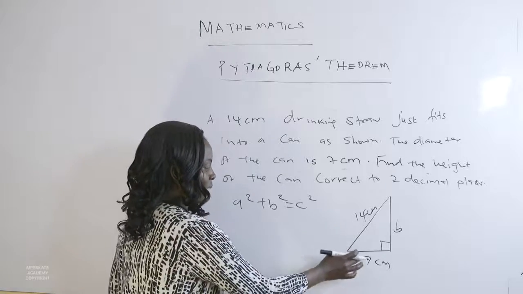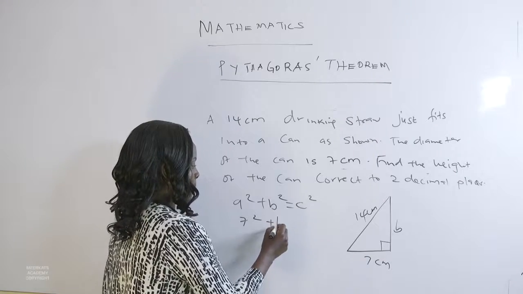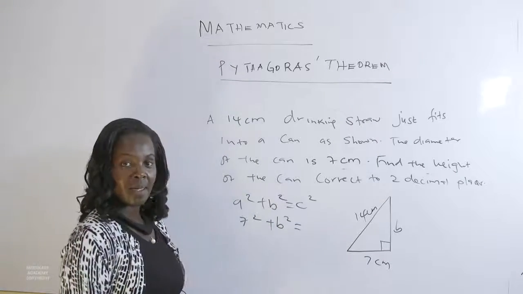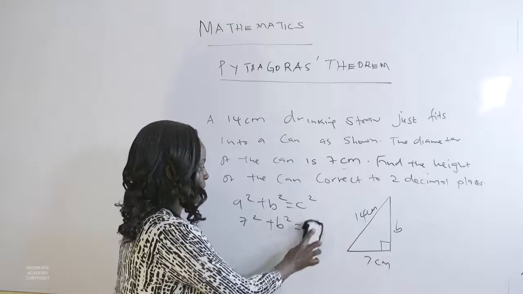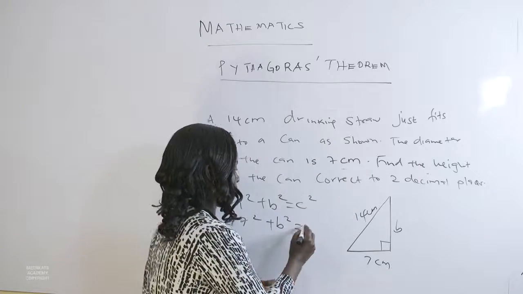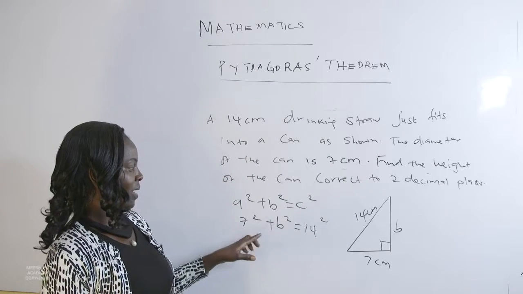So our b side is not known, our hypotenuse is known, that will be 14 squared.